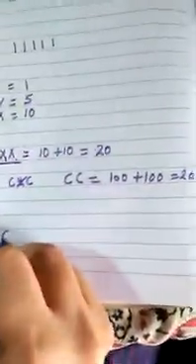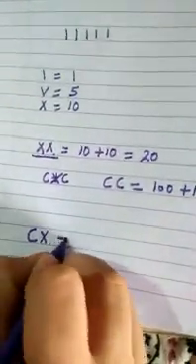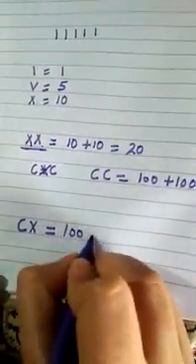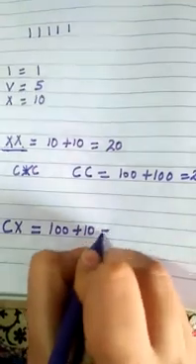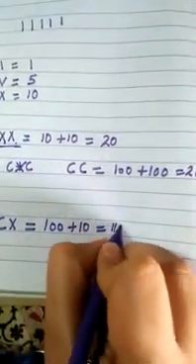Means, my dear students, suppose I am writing CX. What is the value of C? 100. And what is the value of X? 10. Then 100 plus 10 is equal to 110.